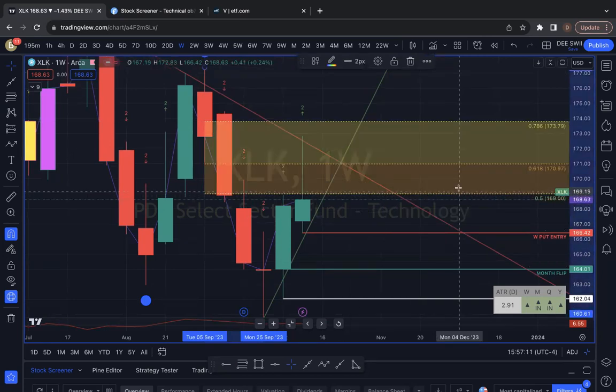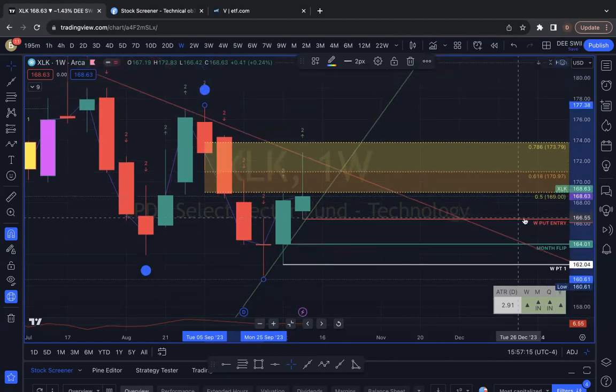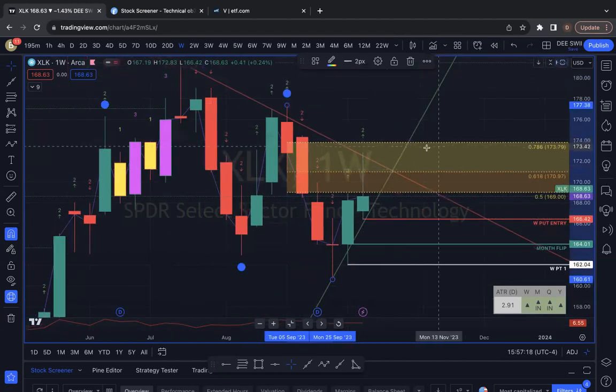This is your golden zone. All of this right here is where price is likely to reject. And don't get scared because I changed it. It's the same numbers, I just changed how it looks. It's the 0.5, the 618, and the 786. Same exact thing.